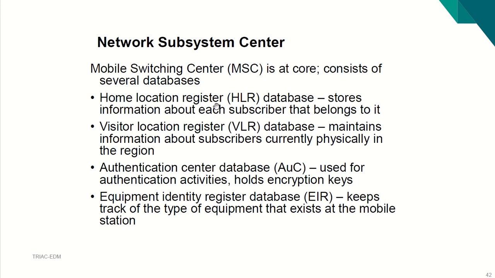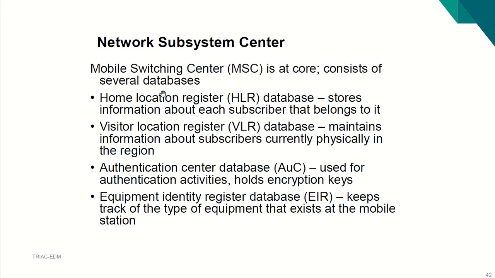The home location register database stores information about each subscriber that belongs to it, and the visitor location register database maintains information about subscribers currently physically in the region. The authentication center database is used for authentication activities and particularly encryption keys.